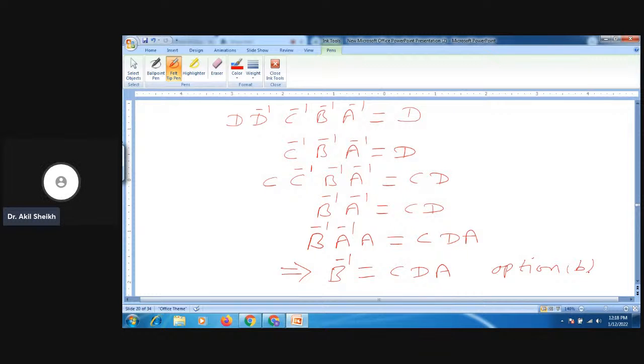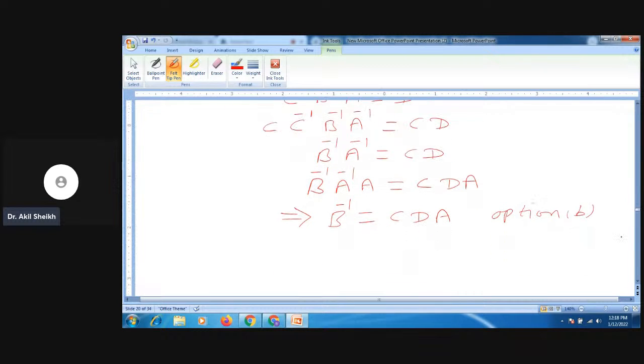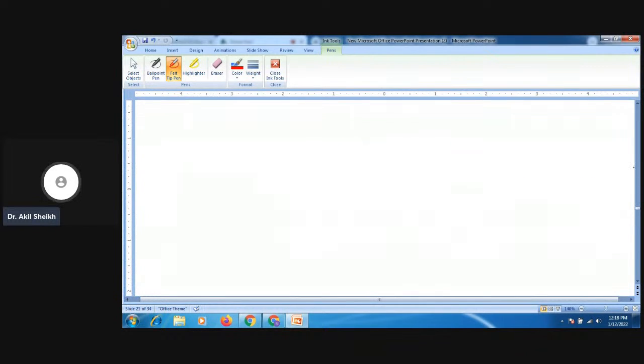In terms of matrices, we have to remember that matrix multiplication is not always commutative. Now, next example is here.